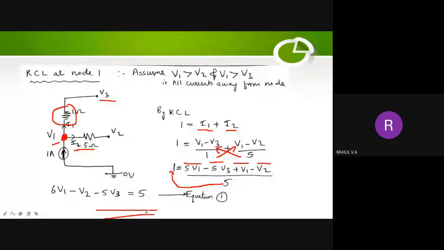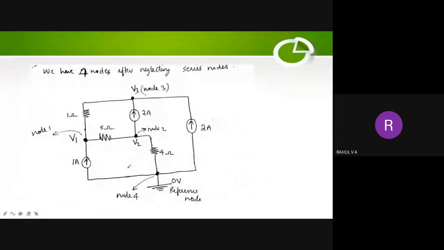Okay, now we will take the second node. So that is this one, node 2. So you can look at node 2. We are assuming that all currents are leaving away from the node. So this is I1, this is I2. And what about I3?